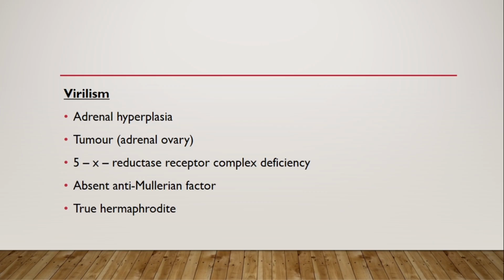But the majority of these polycystic ovaries present in adults when they present at the infertility clinic. And lastly, Noonan's syndrome is another factor that could lead to primary infertility.